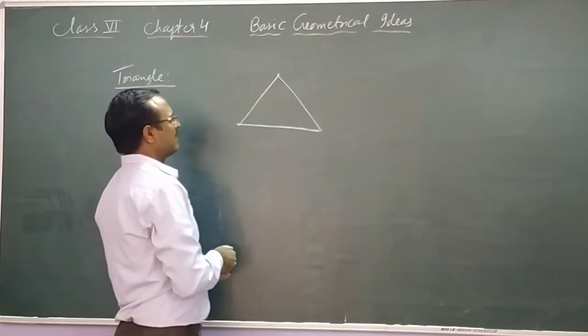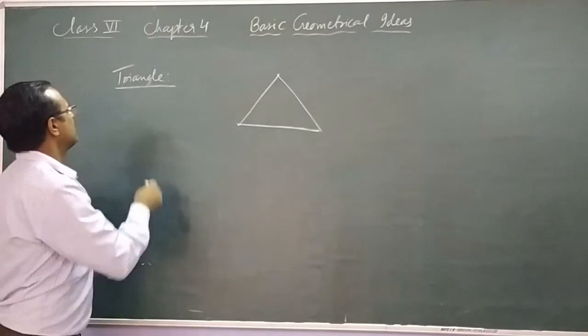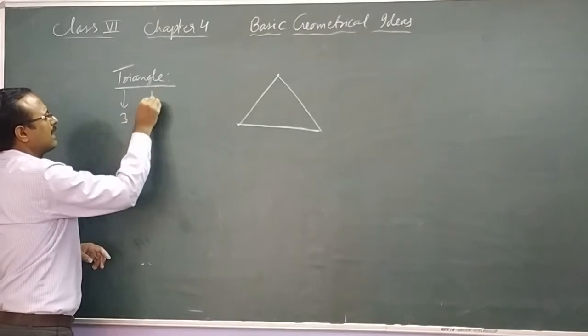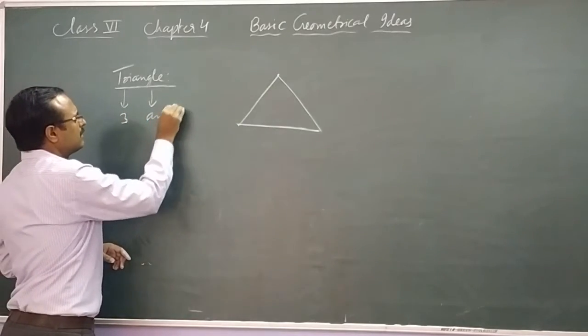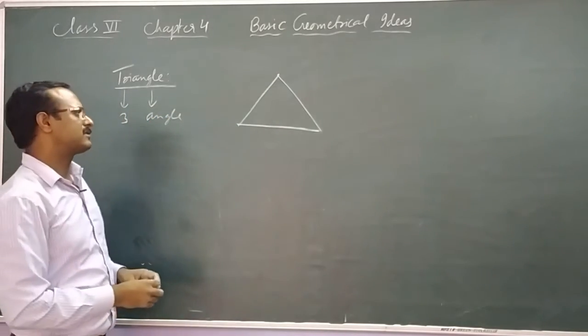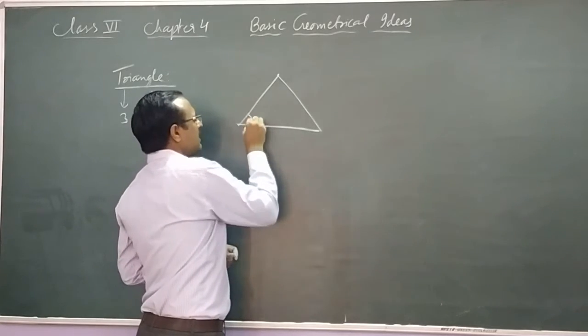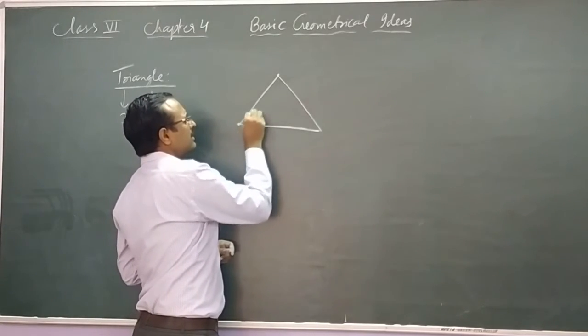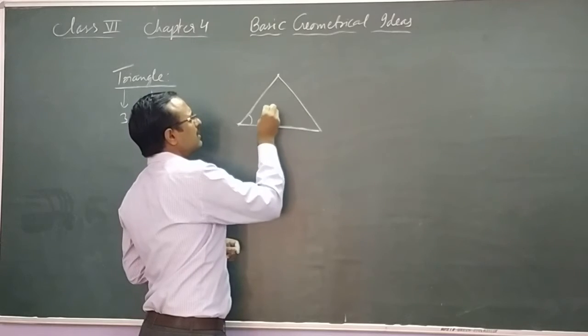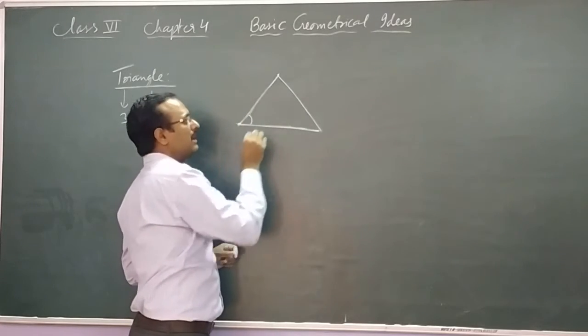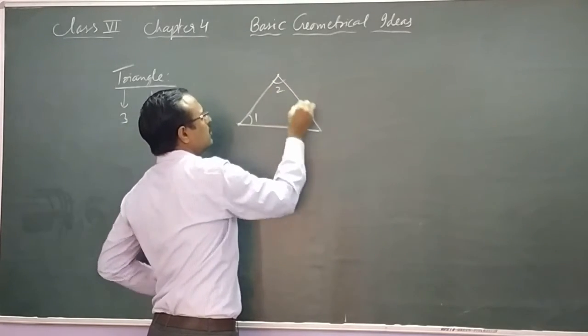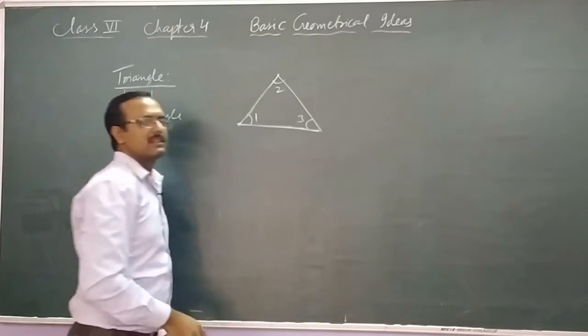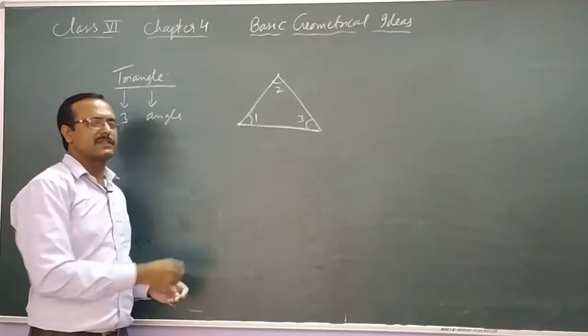So triangle, as the name suggests, tri means three and angle means angle. So a triangle consists of three angles. You can see this is a terminating point, this line is going like this. So here is angle 1, this is angle 2, and similarly this is angle 3. So a triangle consists of three angles.